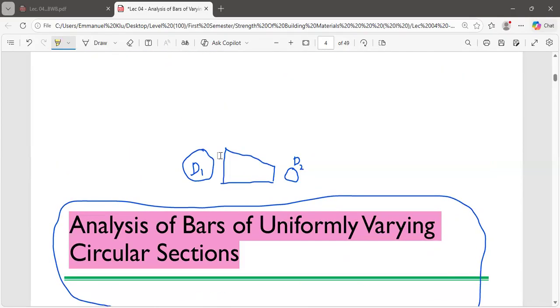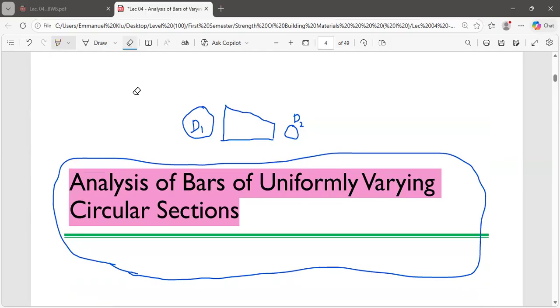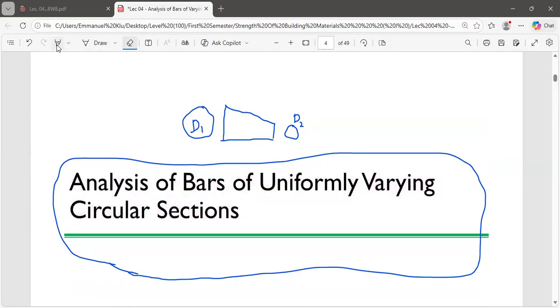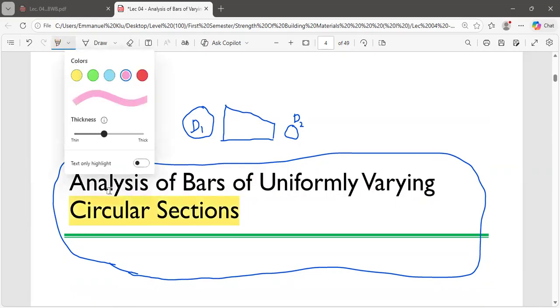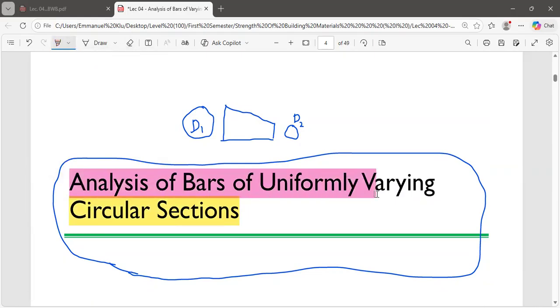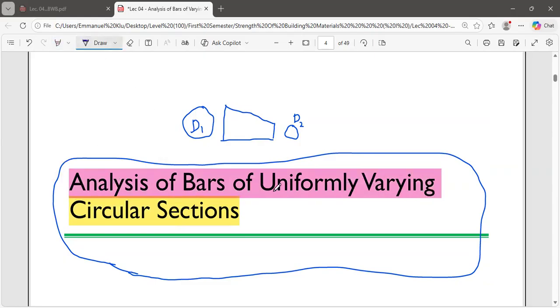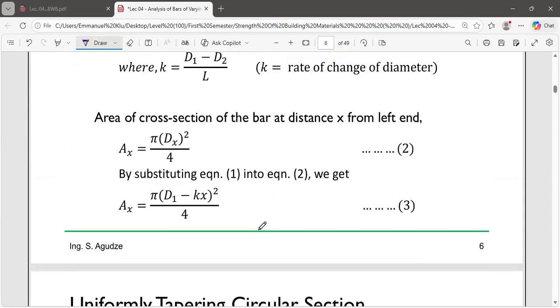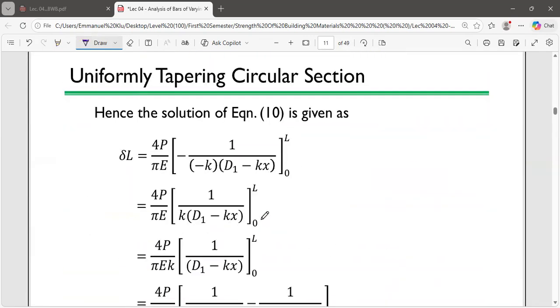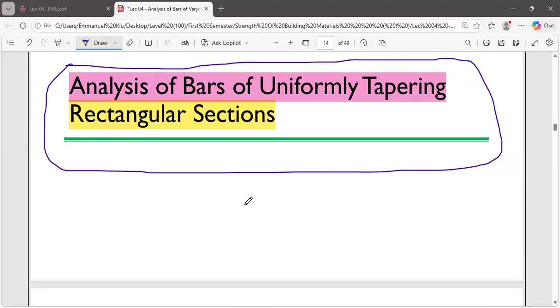The initial one I just showed you, that we have already spoken plenty about, was circular sections. So the first one we looked at was analysis of bars of uniformly varying circular section. But in this case, we are going to look at analysis of bars of uniformly tapering rectangular sections.